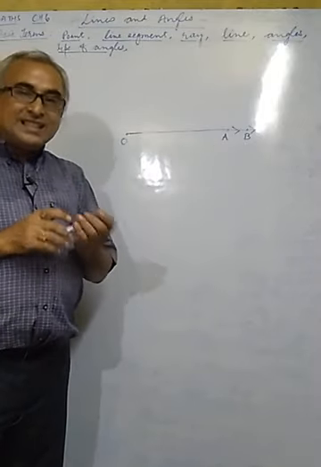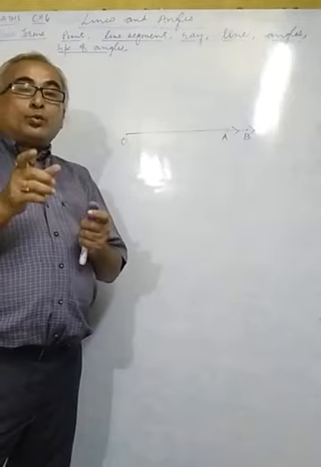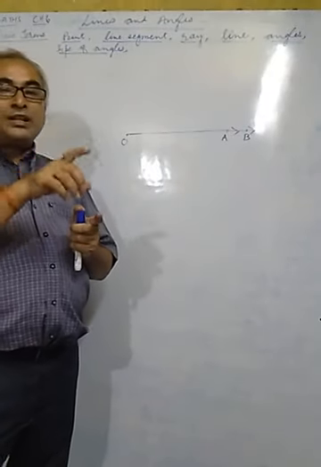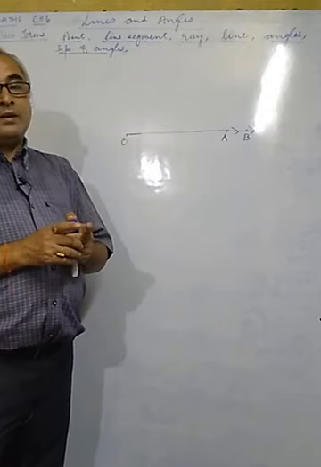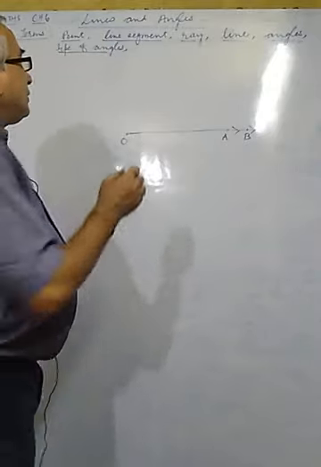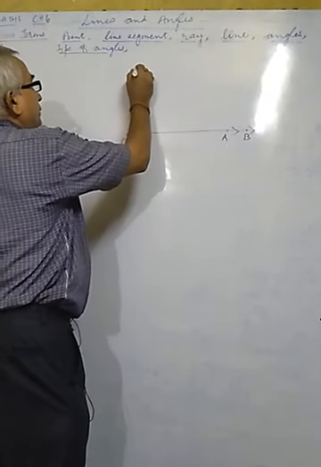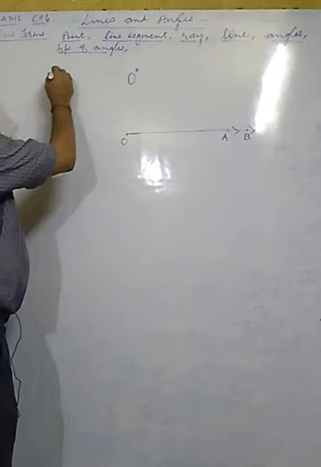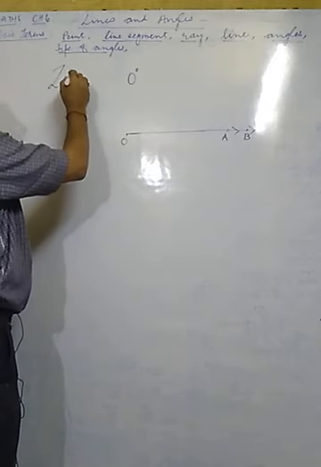So in this condition there would not be any magnitude of turning or magnitude of curvature. If this type of angle is there, the measurement of this angle is 0 degree, and this angle is known as zero angle.